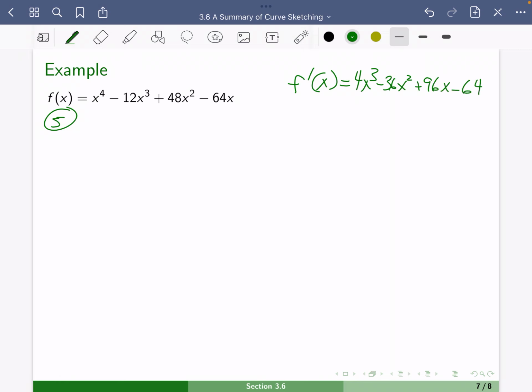So our second derivative is 12x squared minus 72x plus 96. Set that equal to 0.